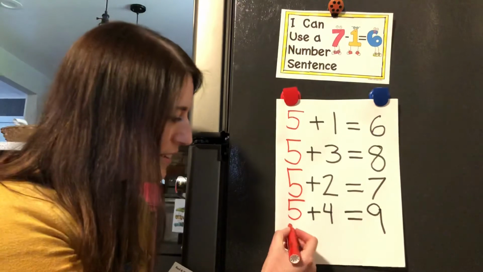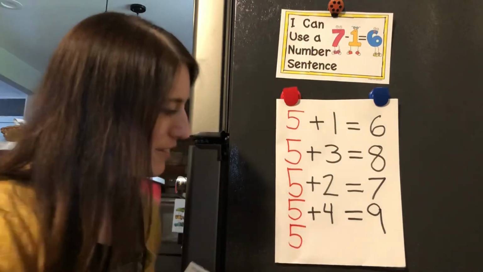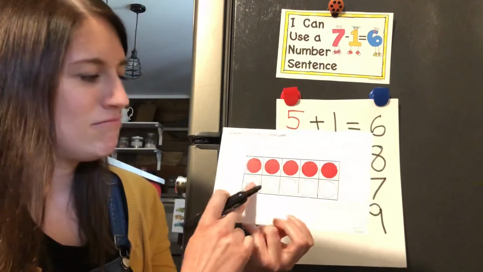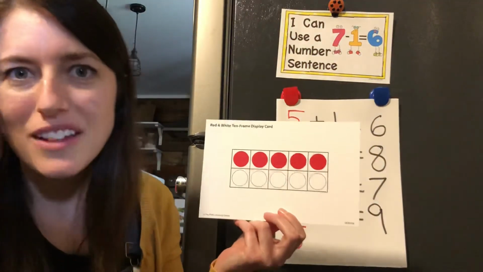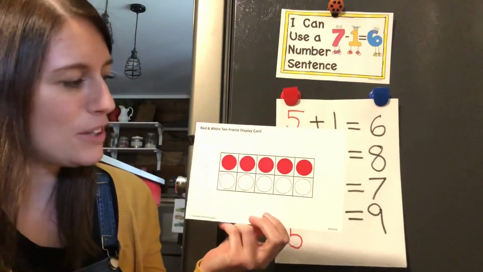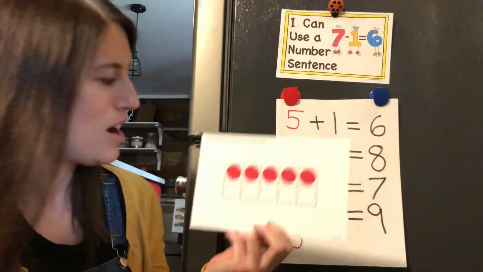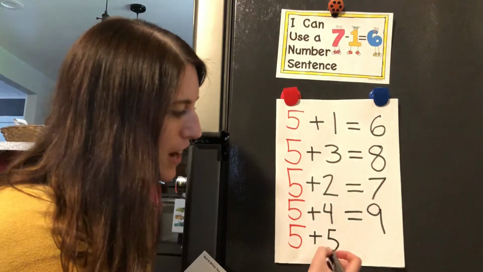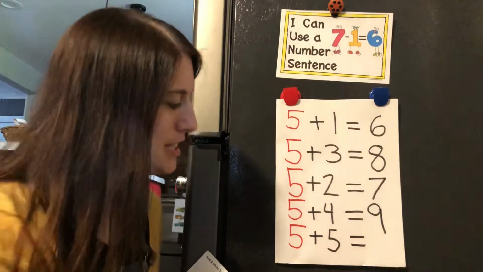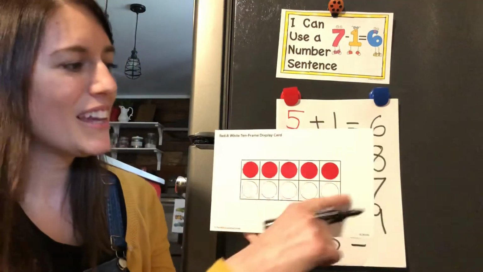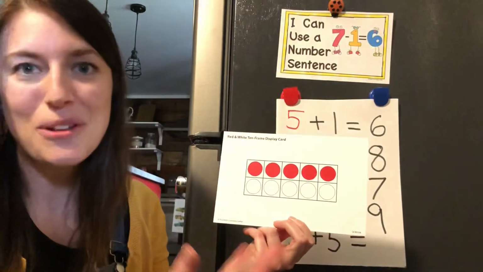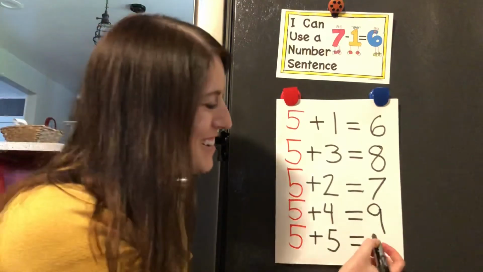Okay. 5. And I noticed that there are 5 whites on the bottom because that whole row is filled up. Oh, 5 plus 5 is the same as 10. Filled up the whole 10 frame. It's 5 and 5 and it makes 10. Awesome.